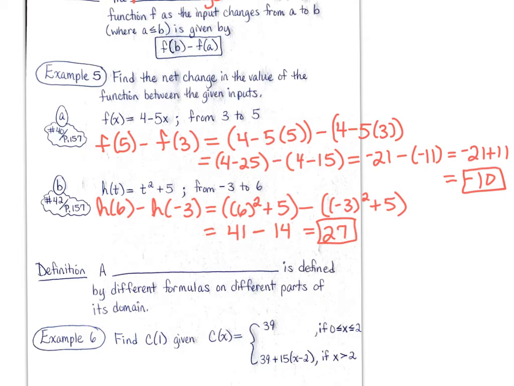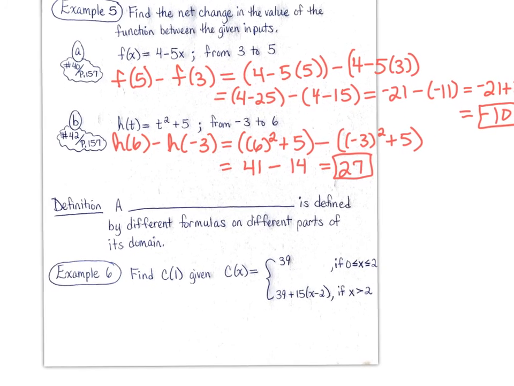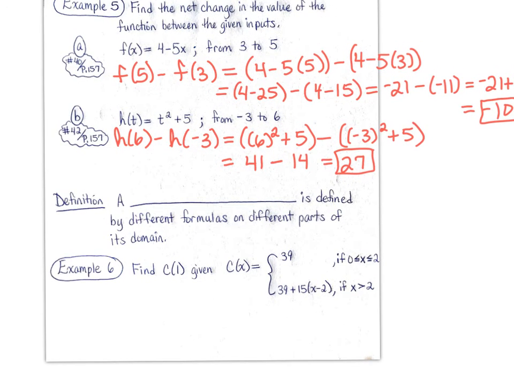All right, so that's how we find the net change. And now we're going to talk about functions that have two parts or more. If they have more than one piece, then we call it a piecewise defined function.